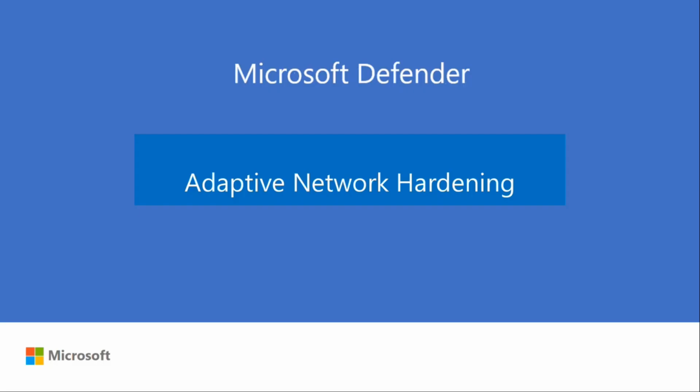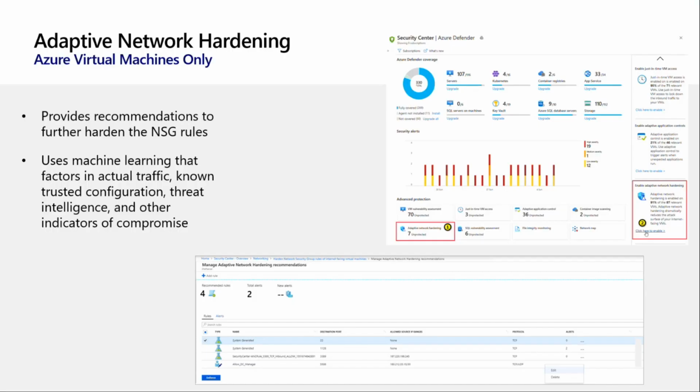So adaptive network hardening is, I believe, one of the last things that I want to cover. But adaptive network hardening is something super interesting, right? We talked about NSGs, network security groups, which are in front of your VMs.